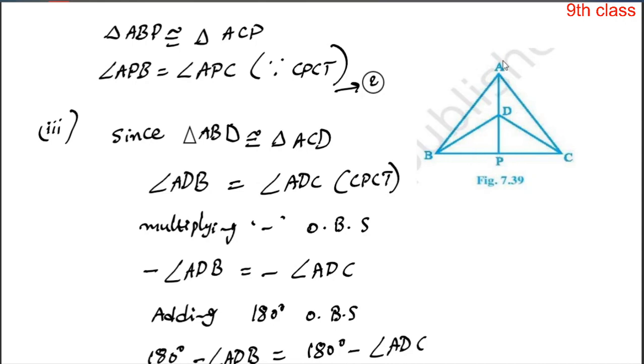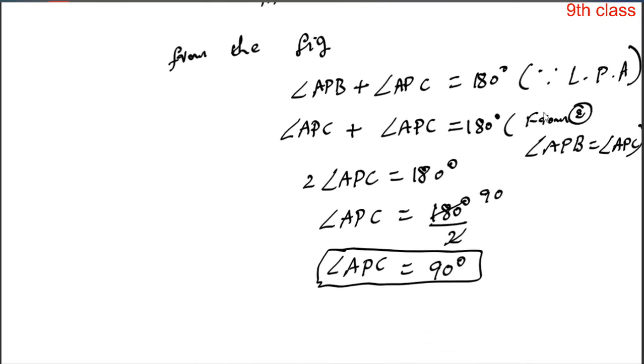So angle APC is 90 degrees and angle APB is 90 degrees. So AP is perpendicular to BC.